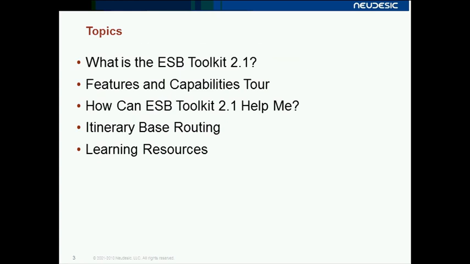And then we'll finish up with taking a deeper look at itinerary-based routing. This is one of the core features of the ESB Toolkit 2.1. So I want to make sure that we go through, and we'll have a demo at that point, and get a little bit of a feel for what it's like to work within the ESB Toolkit. And there will be some learning resources at the end, and just some basic pointers on where you might want to go to get further information.